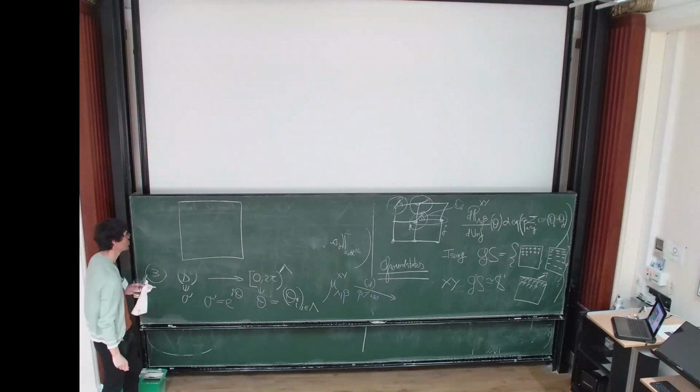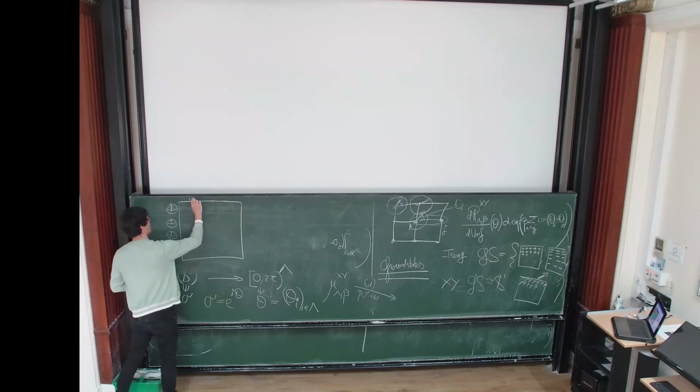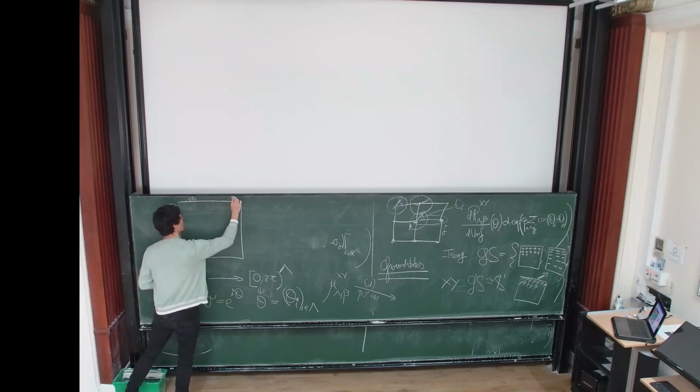So this would be a huge box in Z^d. And maybe let me do the S2 valued case. Imagine I set all spins on the boundary to be north-oriented. So that's one way of breaking the O(n) symmetry.